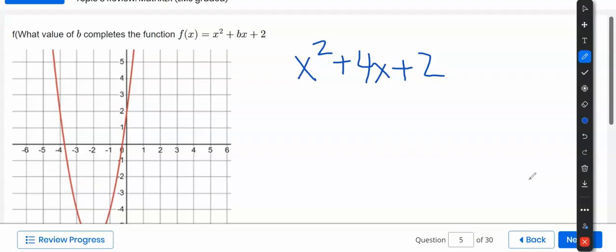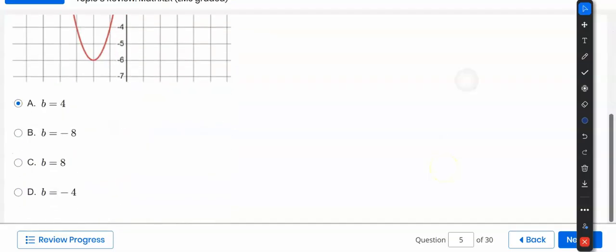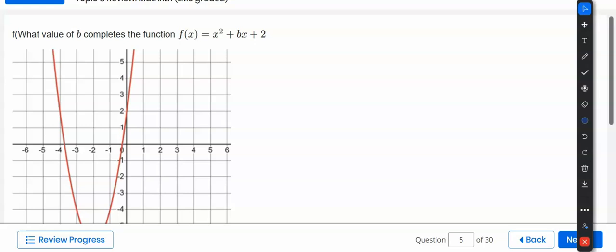It just doesn't make sense to me. Now if I look at the other answer choices, maybe that'll help me. But they're 8, -8, -4. That just doesn't make sense to me. I'm a little bit lost on that one because I'm really not sure what they mean by completes the function.